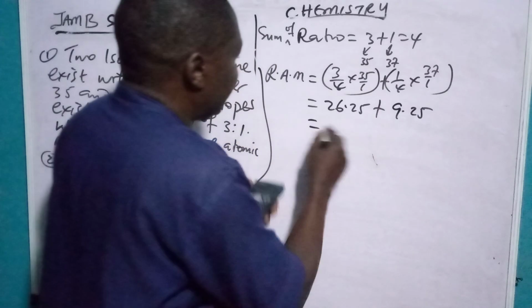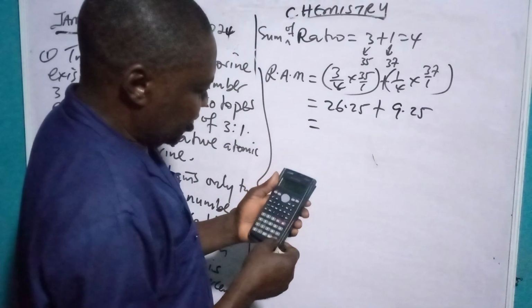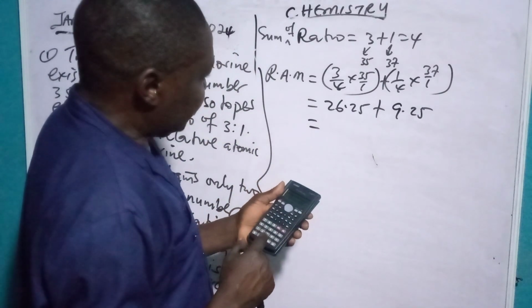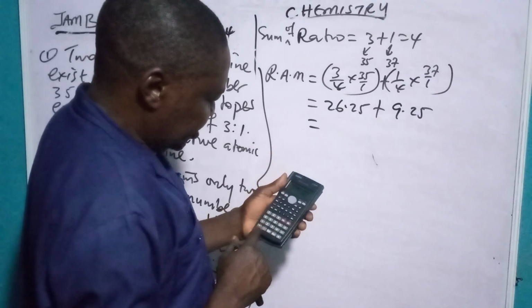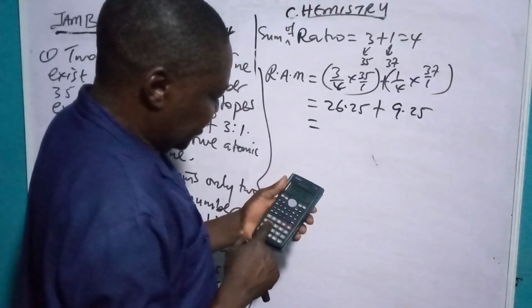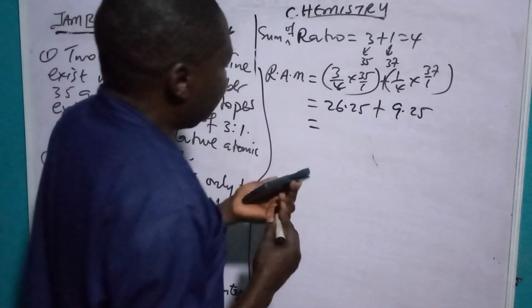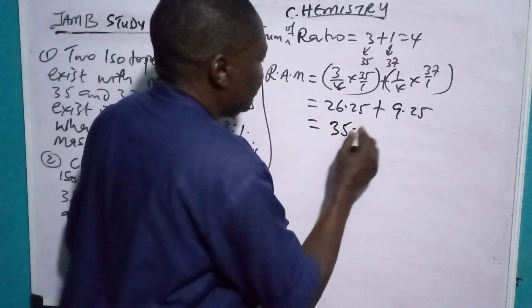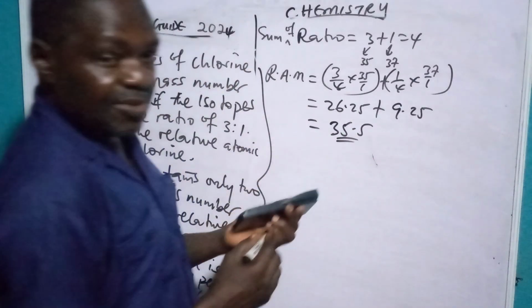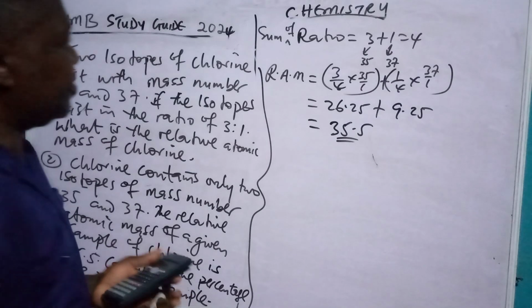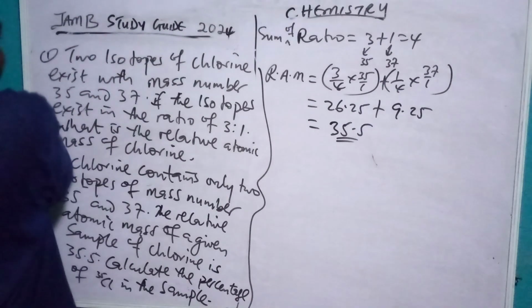If you sum the two together, 9.25 plus 26.25, gives you 35.5, which is the accurate value for chlorine. So that's how you calculate the first one.